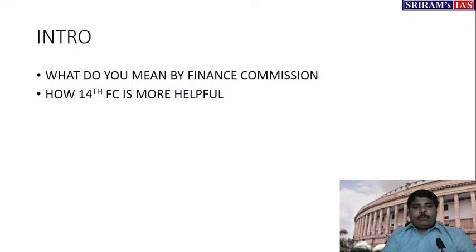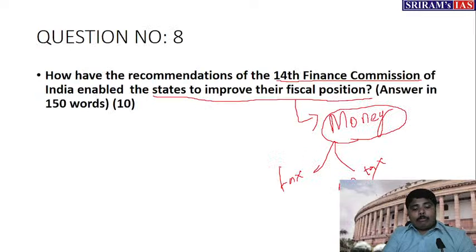After this, we have to just recollect the facts on how this is going to help. So how is the Finance Commission going to help? Where and how is the Finance Commission going to give the states more independence? Because the question says how the states will improve their fiscal position. How is the Finance Commission going to facilitate that? That is the question. The question is not about the functioning of the Finance Commission.